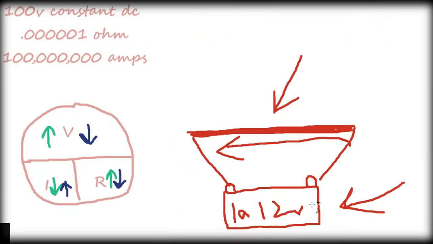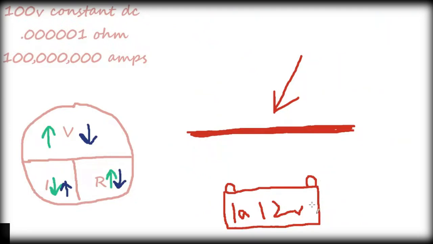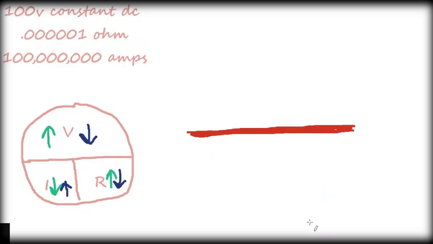Ohm's Law, and now you have a superconductor. Does Ohm's Law apply? No, because technically a superconductor has 0 resistance. And if you try to divide anything by 0, you will get an error saying you cannot do that, because you can't.